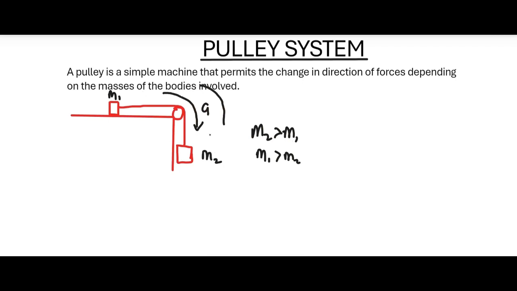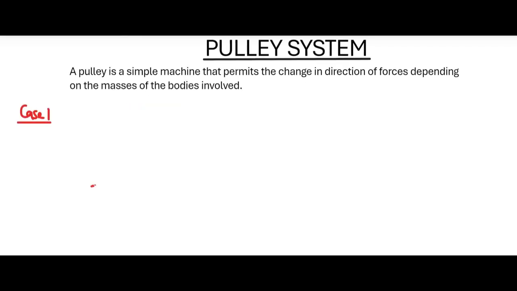So if this is well understood, can we take cases that present insights of questions that you're likely to come across as a student? So case one, provided I have an inclined plane inclined at an angle theta to the horizontal, and upon it is a pulley.